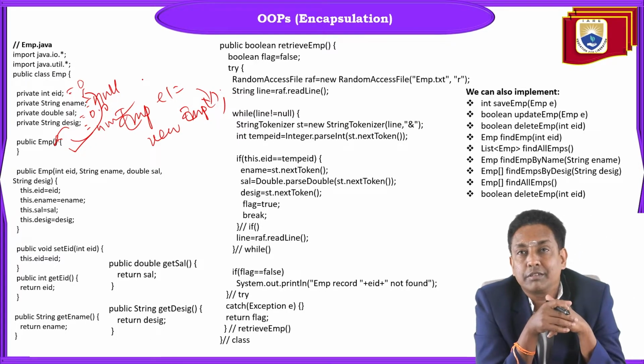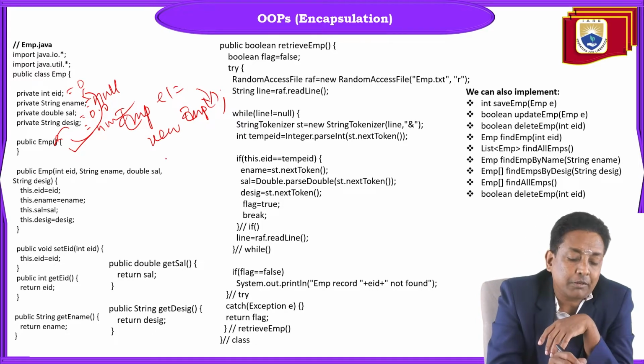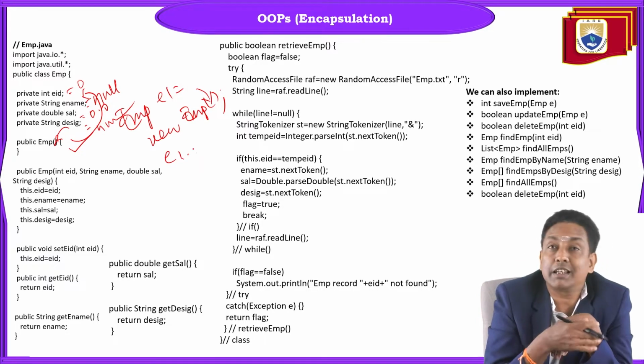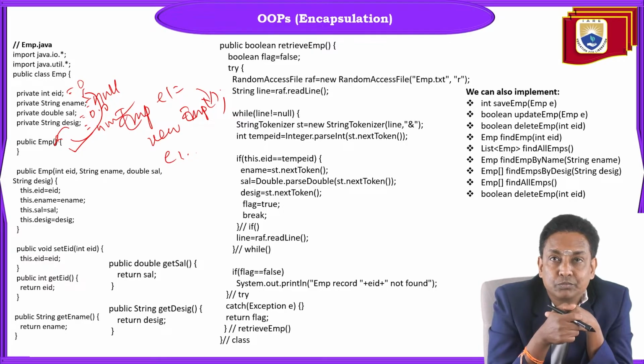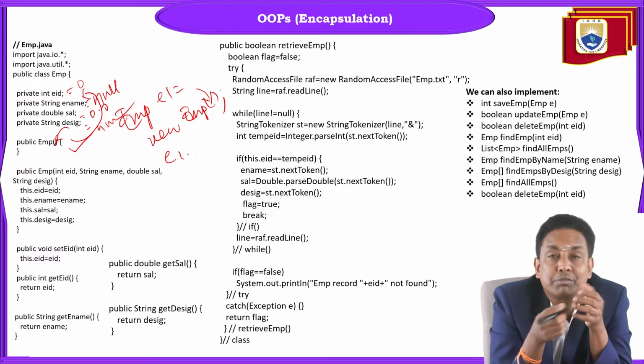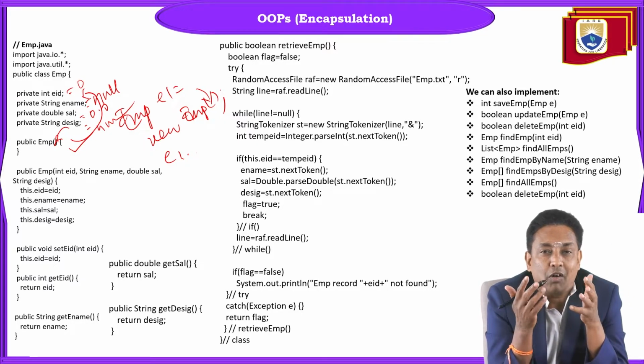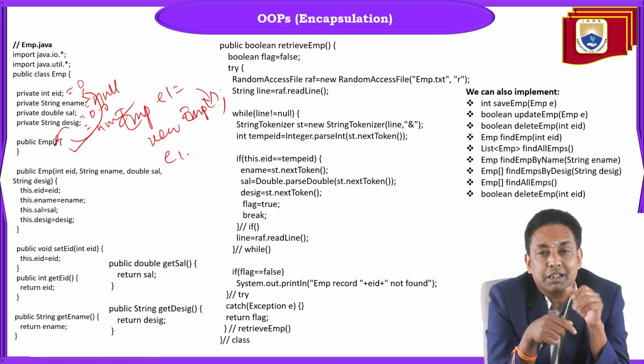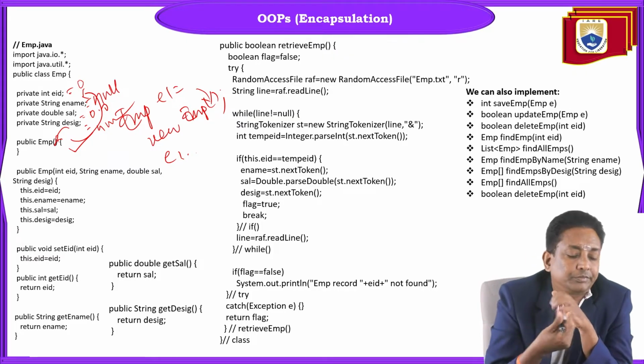Default values will be assigned, and with the help of e1 dot, you cannot access anything because variables are private. You are not passing any arguments, so just the employee object will be created with all the variables initialized with the default values.